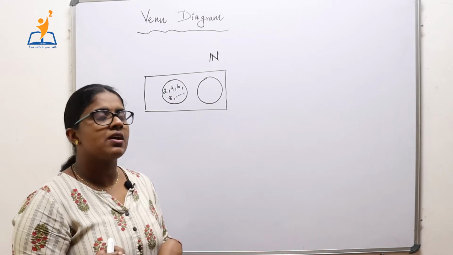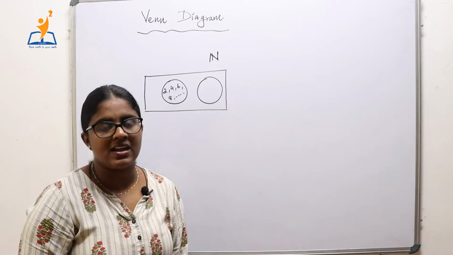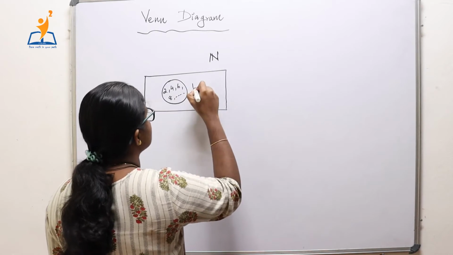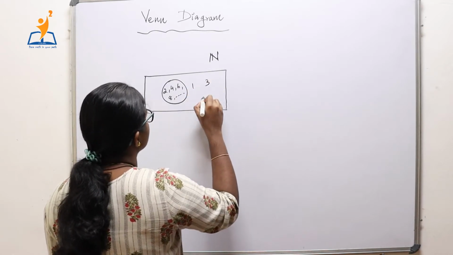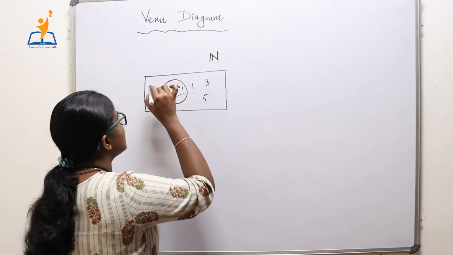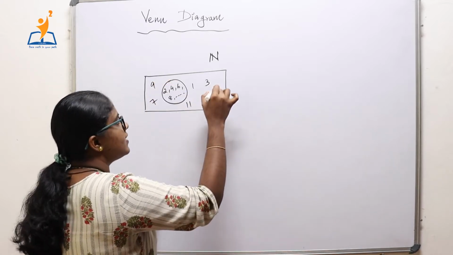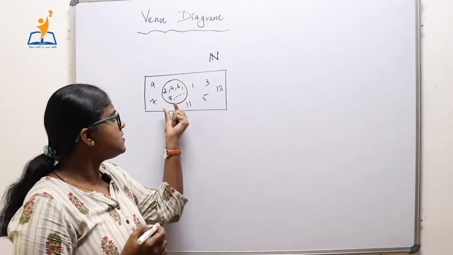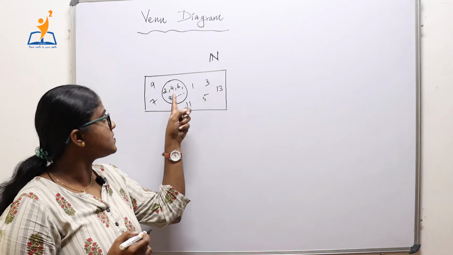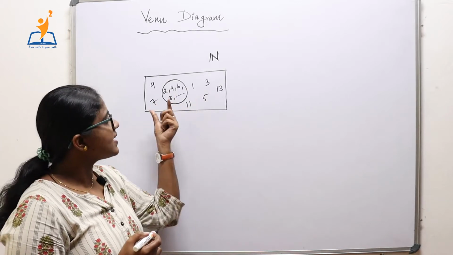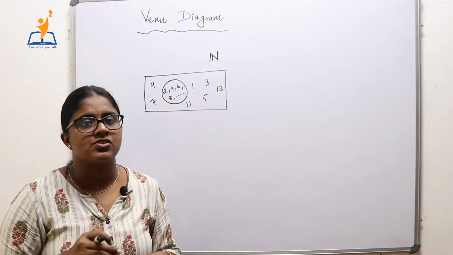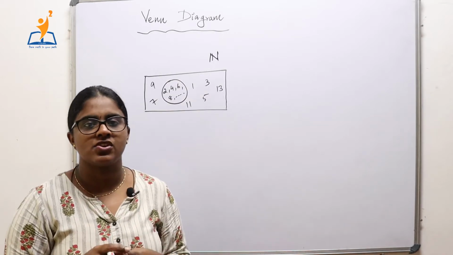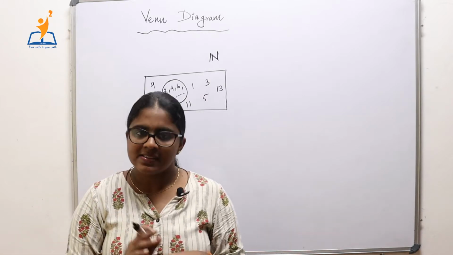So the set of odd numbers lies outside the circle, and in that particular region we have odd numbers, that is 1, 3, 5, 7, 9, 11, 13 and so on. So this particular circle denotes the subset even numbers and the rest of the portion denotes the set of odd numbers. So Venn diagram is a pictorial representation of relationship between sets.